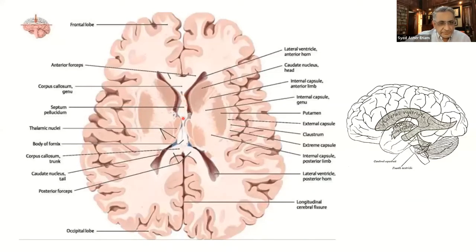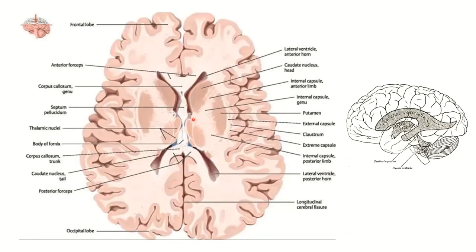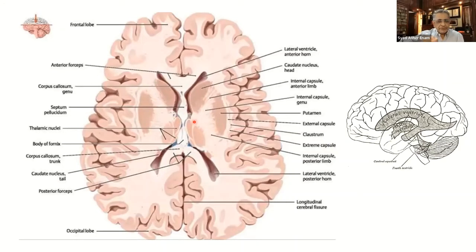Attached to the septum pellucidum is the fornix, and that forms the anterior border of the foramen of Monro. So this is pretty well known. What we tend to forget many times is that right inferior and posterior to that point is the genu of the internal capsule.